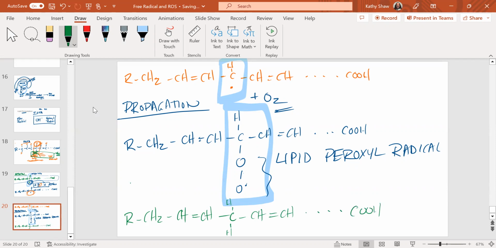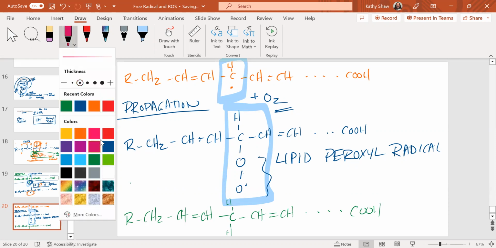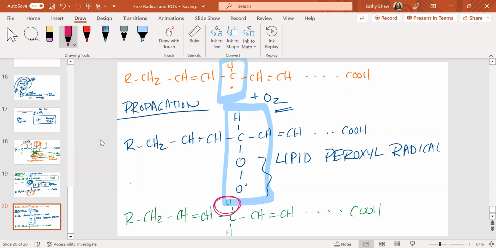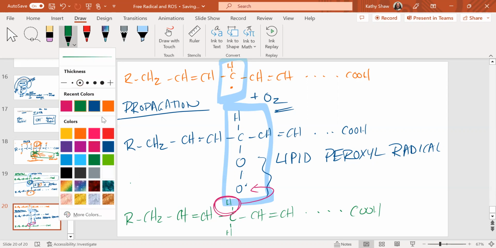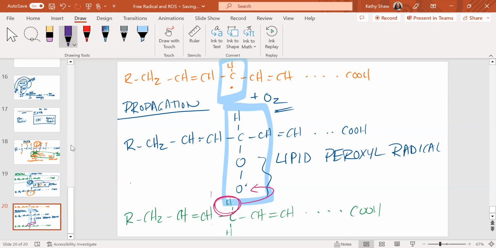So what's going to happen now is we're going to get a lipid peroxide out of it. Remember we said these hydrogens aren't stable. So this hydrogen will jump over here, leaving this part short an electron.